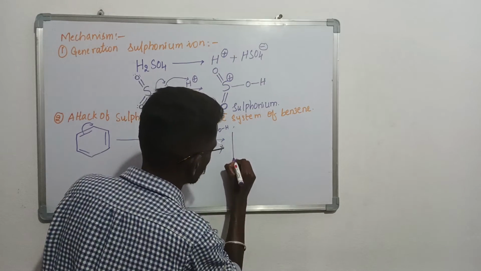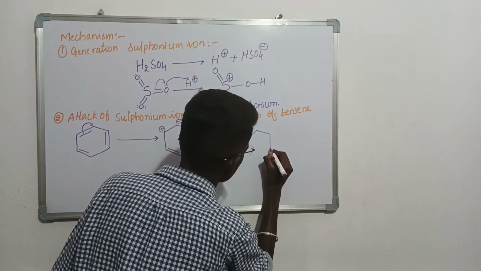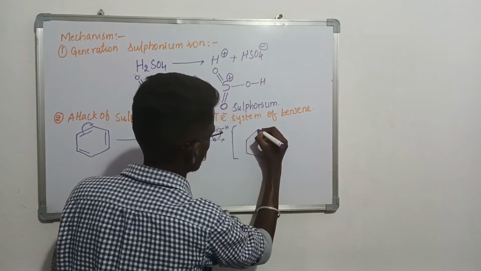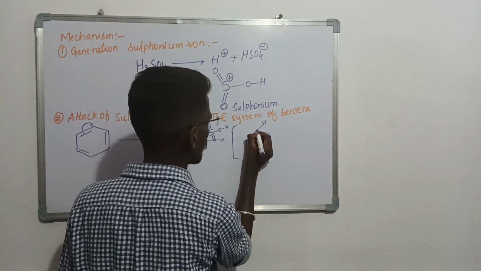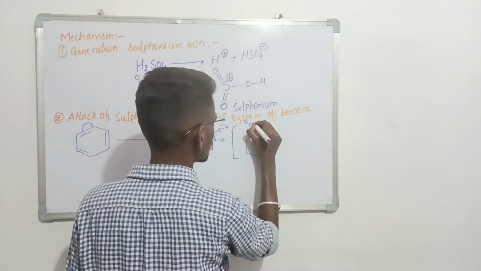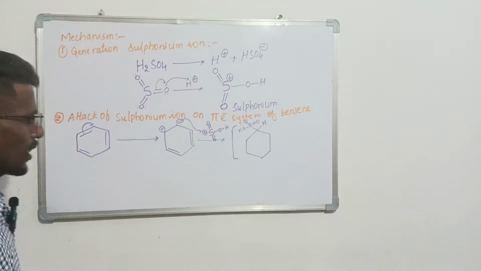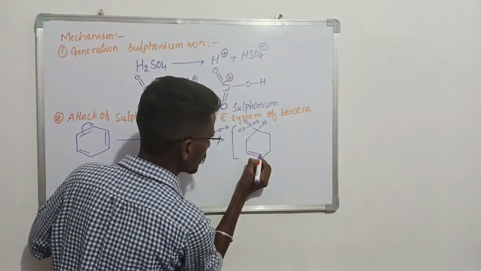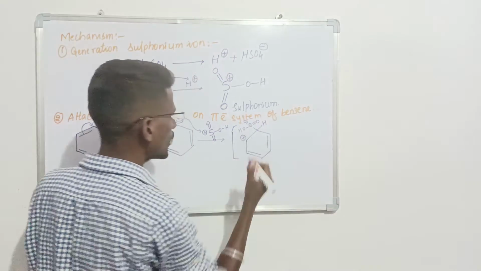I am writing. So H over here, and this sulfur is S double bond O and OH over here, with the same double bond system and a positive charge over here.